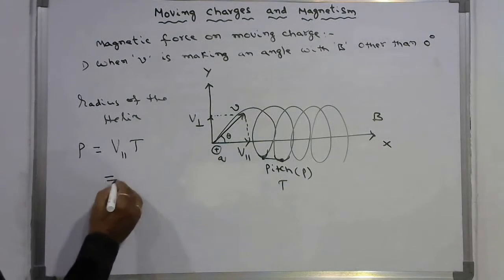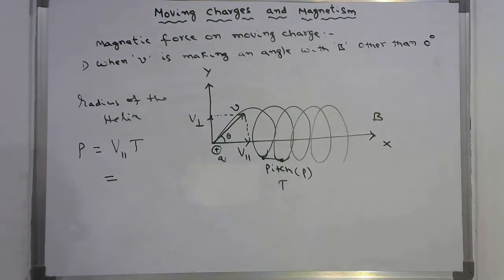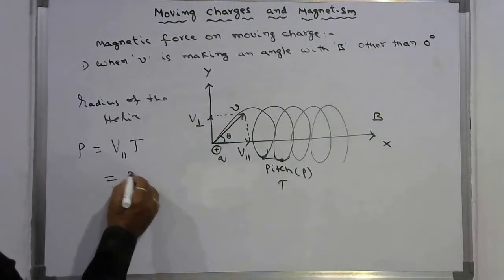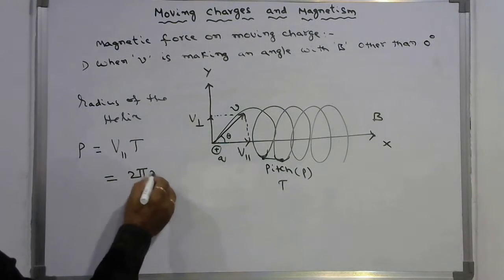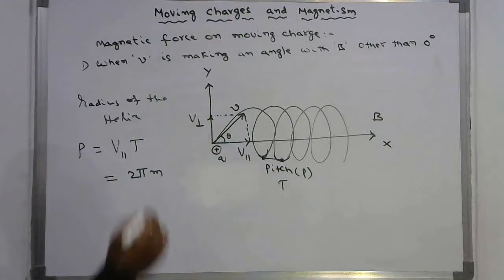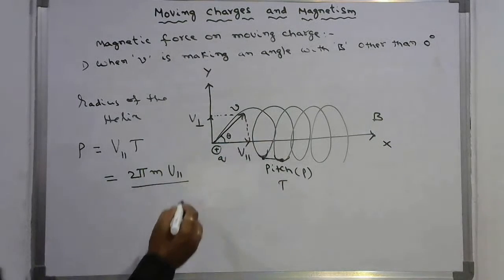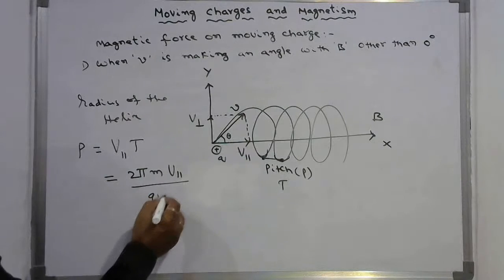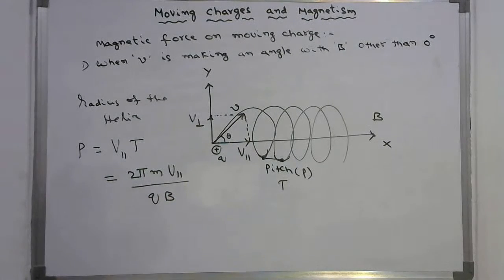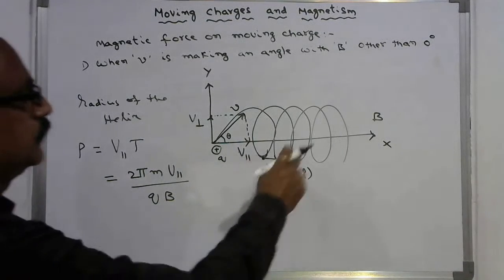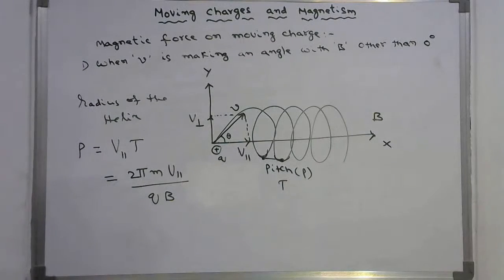So this is equal to 2 pi m into the velocity in the parallel direction divided by qB. So this is the pitch of the helix, the distance the charge moves along the horizontal direction.